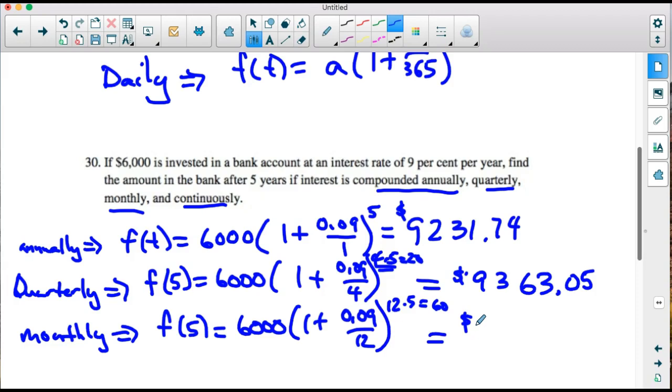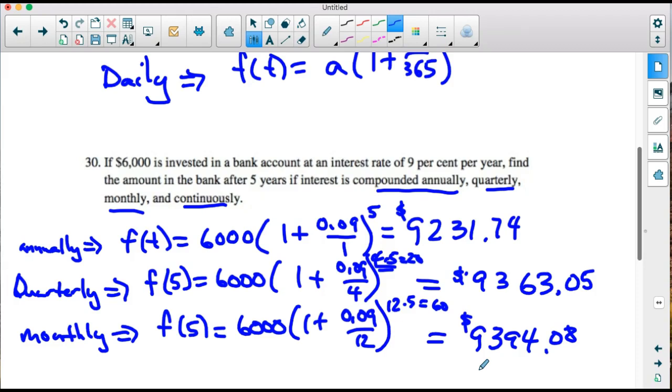So we change that to 12 and change this to 60. I get $9,394.08. And in all these I'm not rounding up. I'm always just keeping the last cents because they're paying you. They're not going to round up.